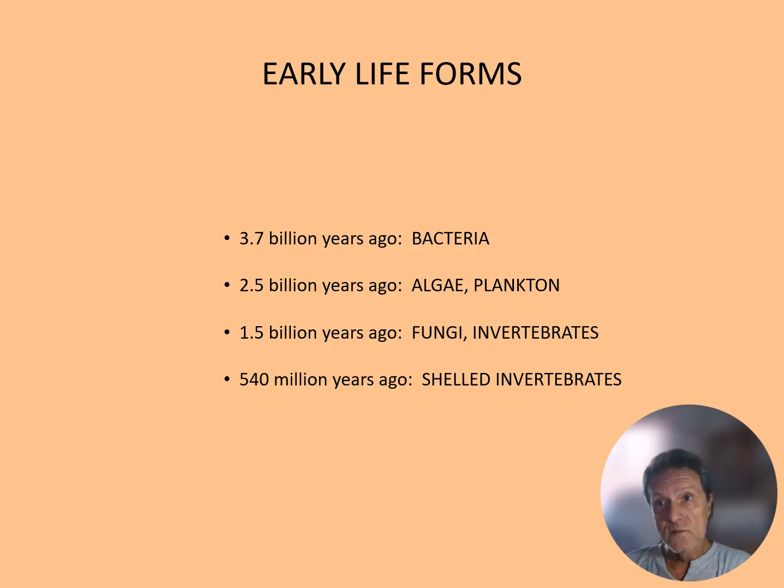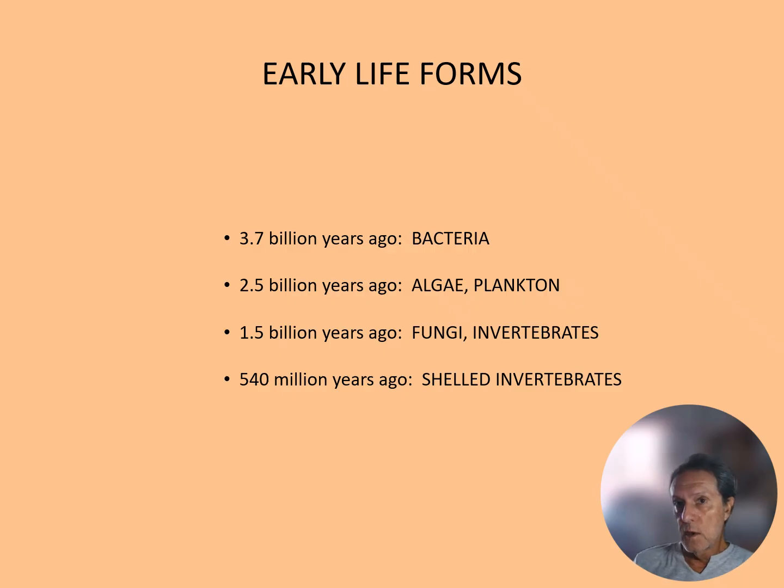And bacteria fossils are very rare because, of course, they're soft-bodied and they're found only under very limited conditions. 2.5 billion years ago, we have fossils of algae and plankton. About 1.5 billion years ago, fungi and invertebrates started showing up.